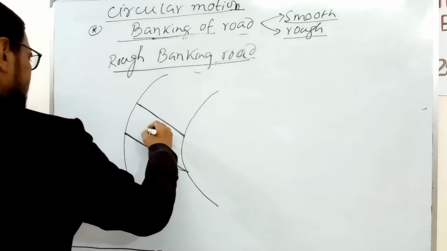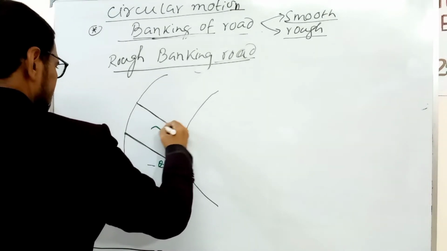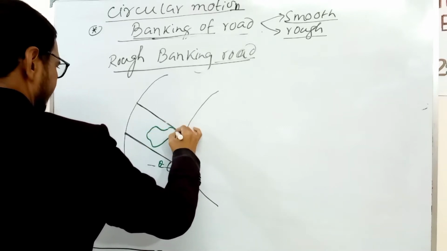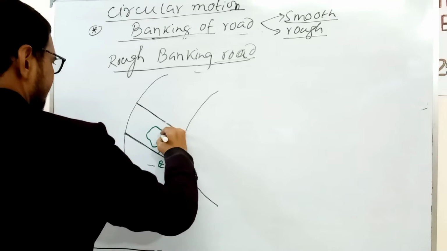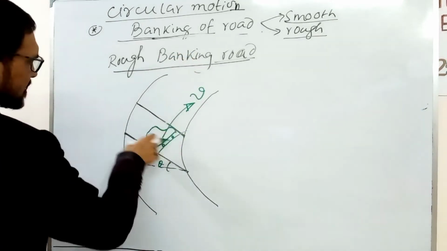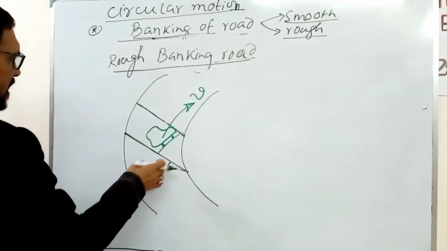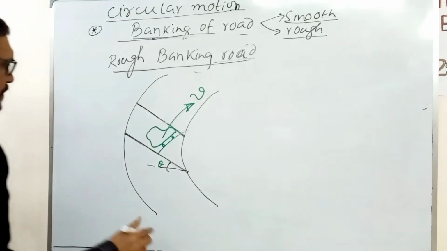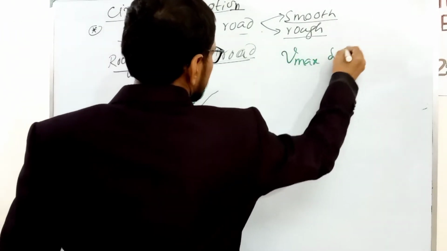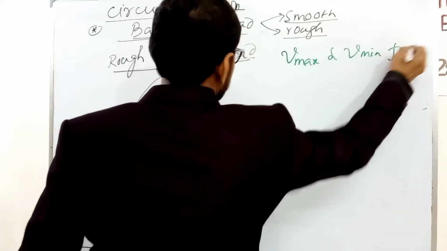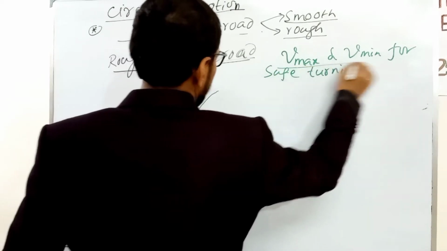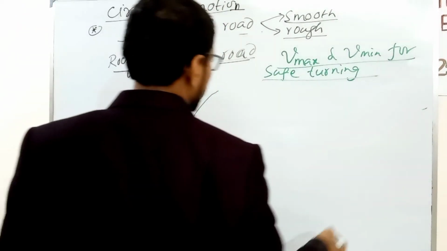Suppose a car turns in a circular track on a rough inclined plane with velocity v. The question here is to find v max and v minimum for safe turning in a rough banking road.